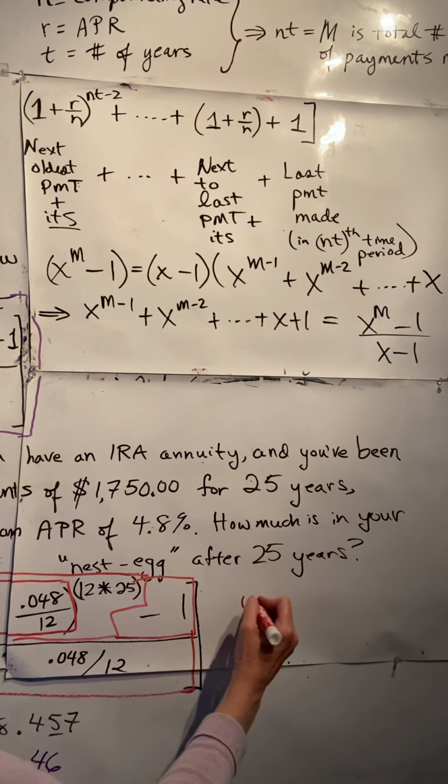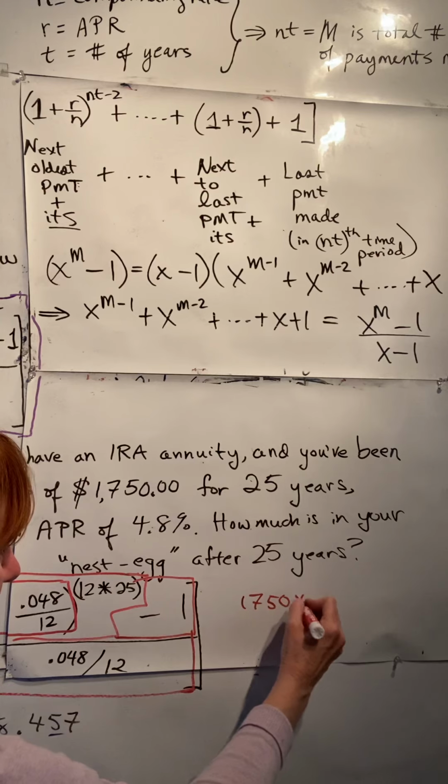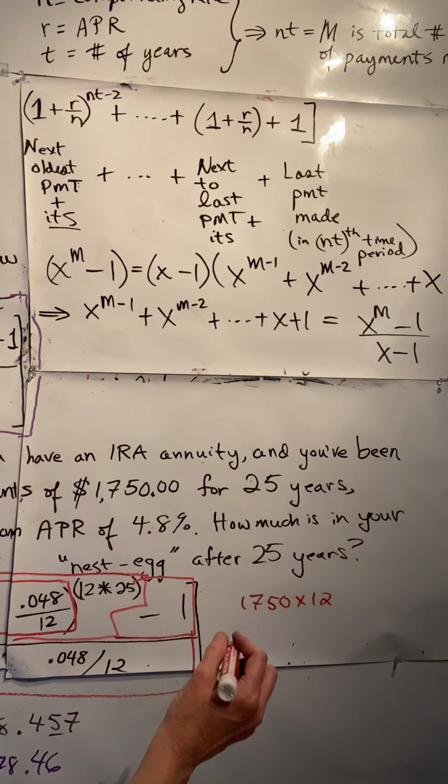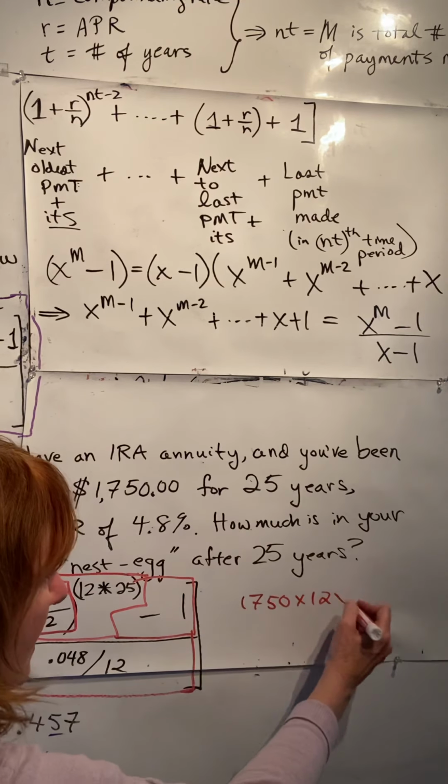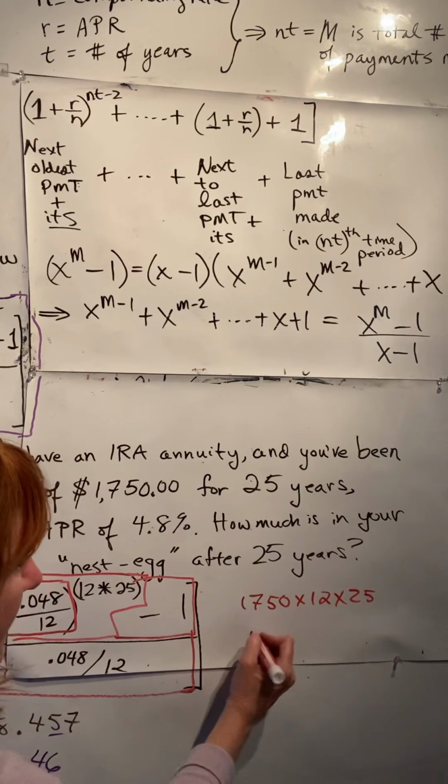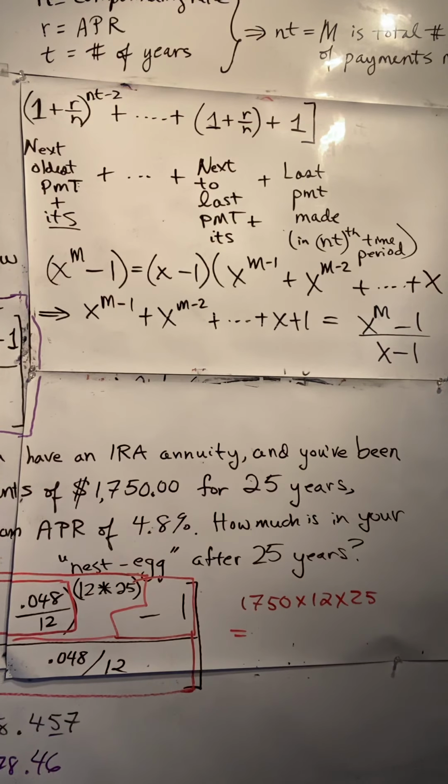So if I take $17.50, multiply it by 12, for every month you're doing this, times 25, and I just stuck it in the mattress, right? I'm not gathering any interest. 1750 times 12 times 25. I put into this $525,000.